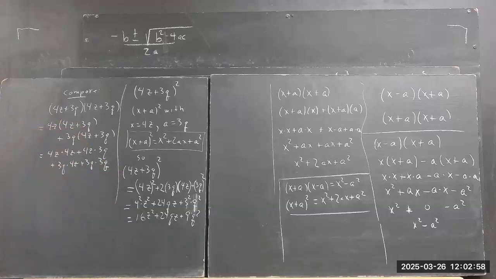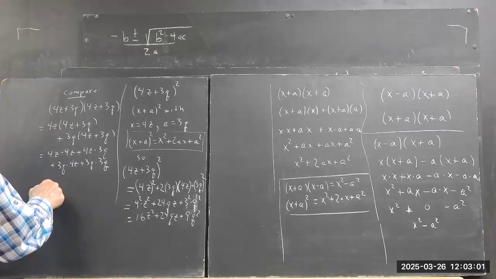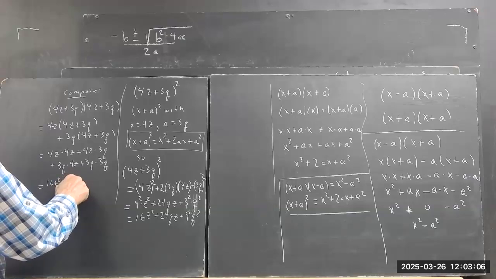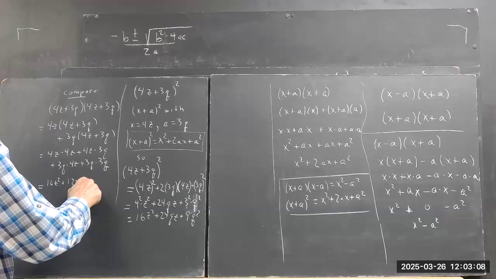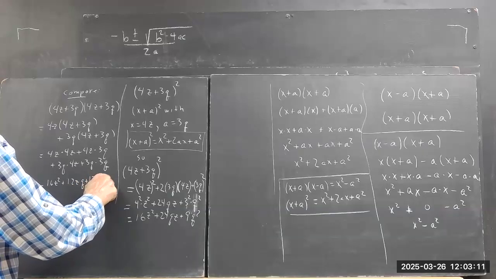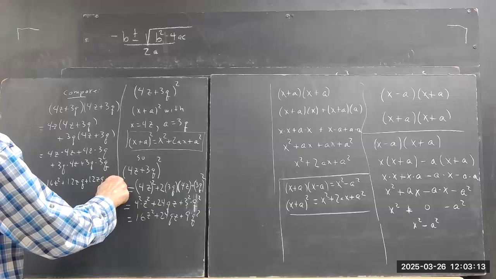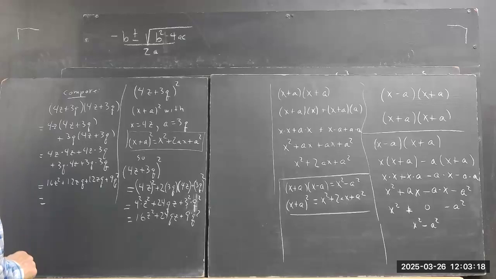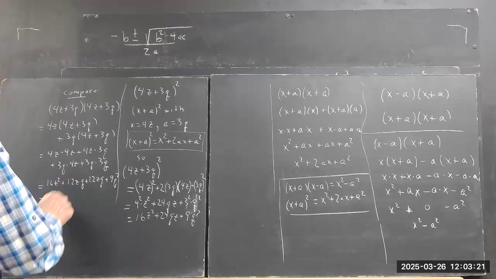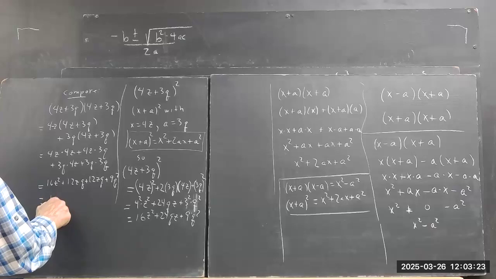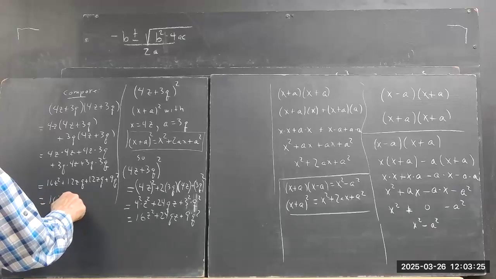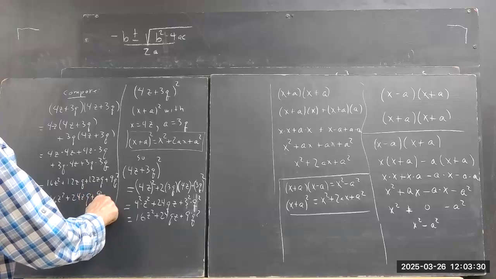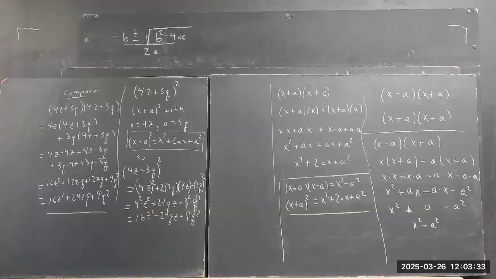And then I do my distributive law here. Then I've got 16z squared plus 12zq plus 12zq plus 9q squared. And I simplify that by adding the 12zq's. And there I have it.